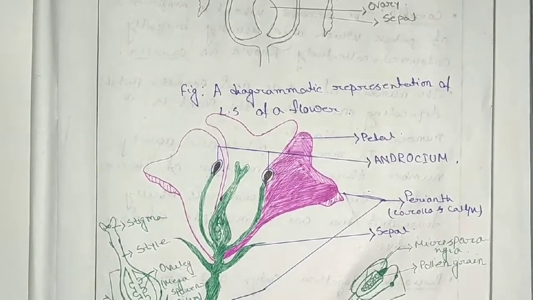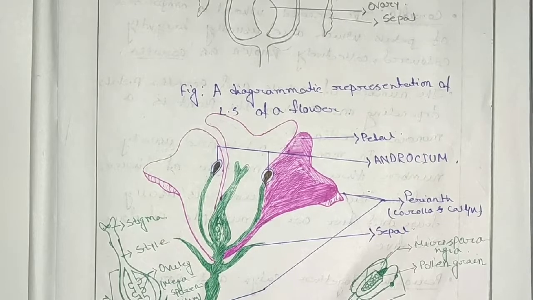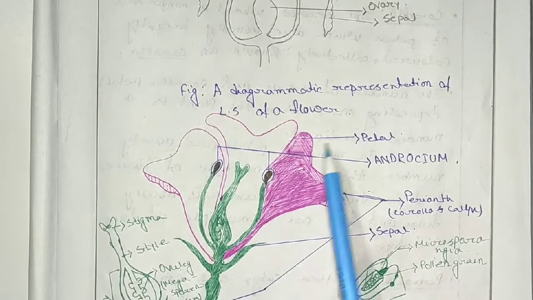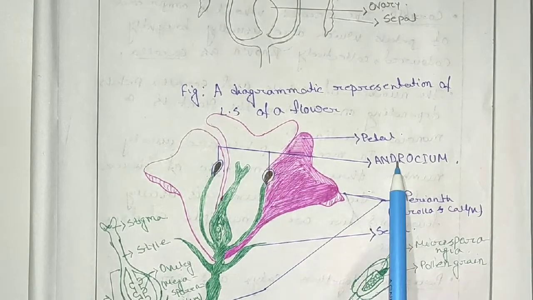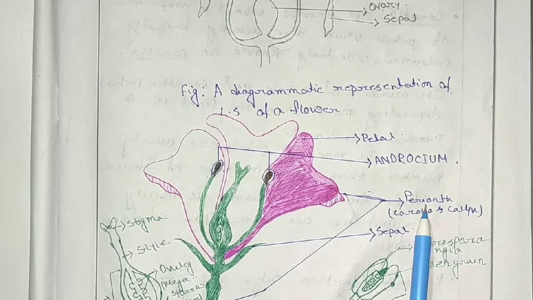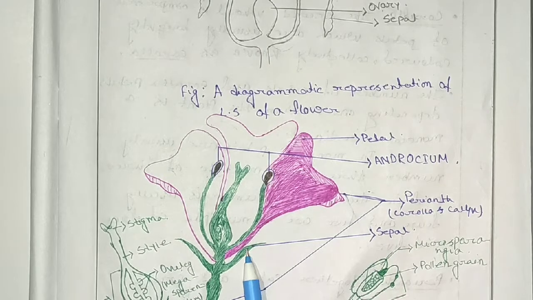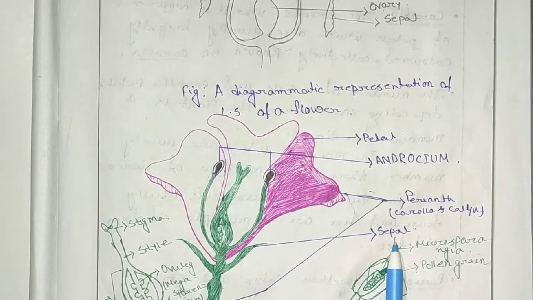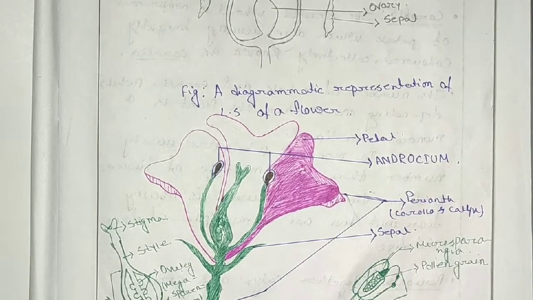Here we have drawn the main four parts of a flower. These bright colors are the petals, and this is the androecium, the male reproductive organ. Corolla and calyx together are known as the perianth, and this green part is the sepal. And what is corolla?